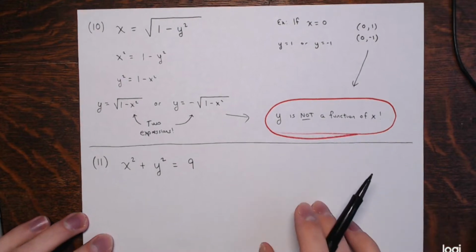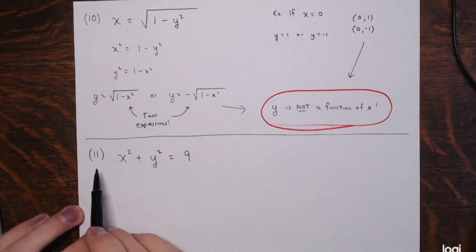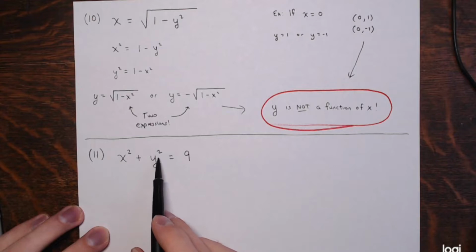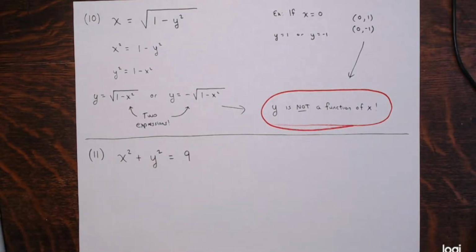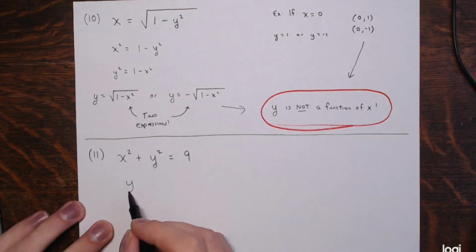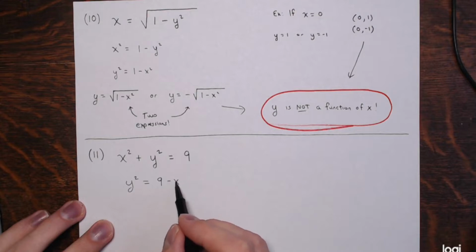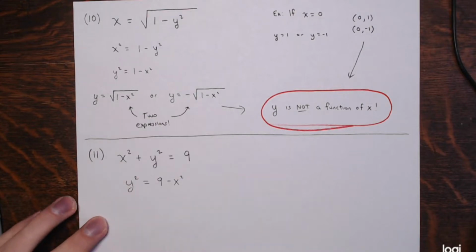Wonderful. Then example 11. Again, we're seeing a y squared here, so usually y to an even power will more than likely imply that y is not going to be a function of x. Watch this, right? We try solving for y. y squared equals 9 minus x squared, and that's very similar to the previous question.